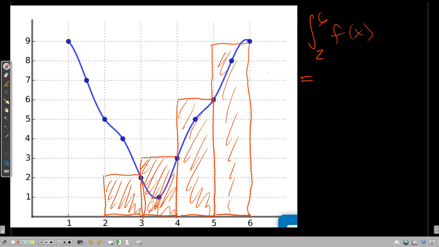It has a height of f of 2 plus delta x. So its height is f of 3. Right here at 3, the height of that rectangle goes up and touches the curve there. So its height is just f of 3.